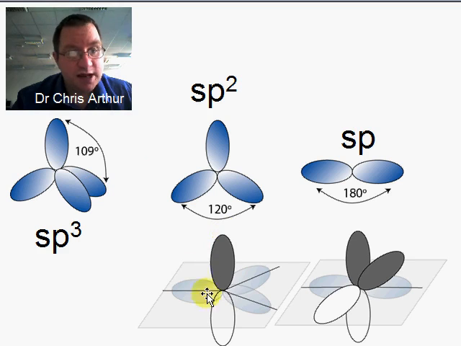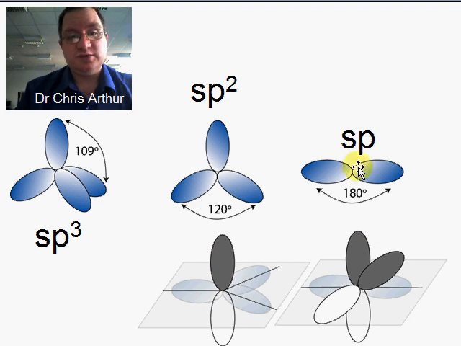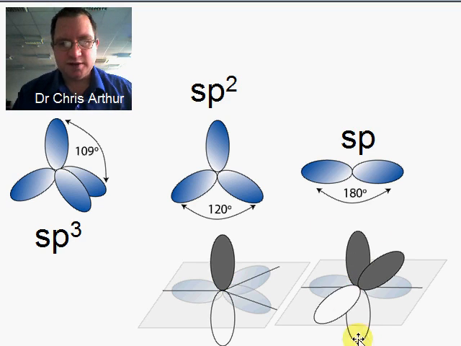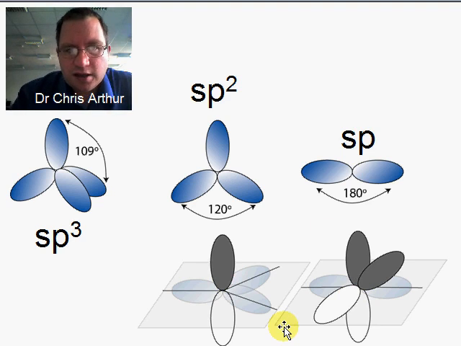In hybridizing, we are left, in the case of the sp2, with one p orbital left over, which is perpendicular to the plane of the sp2 hybrid orbitals. Likewise, in the sp, we have two p orbitals that are perpendicular to one another, and they basically cross this. Hybridization is an important concept in organic chemistry. It explains much of the structure of molecules, and it's one that we'll have to come back to repeatedly in future lectures.